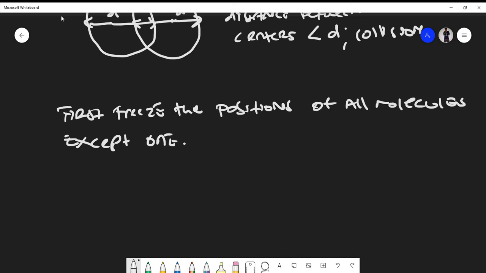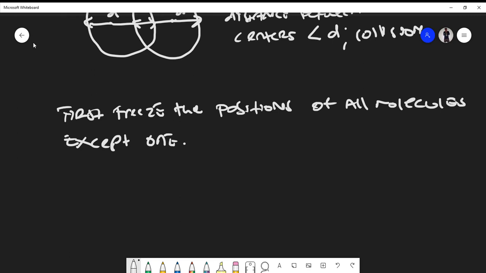Note what occurs when one molecule travels through the gas. It actually sweeps out a collision tube, right? So if we freeze everything and we have one molecule that's free, it will essentially sweep out a collision tube.